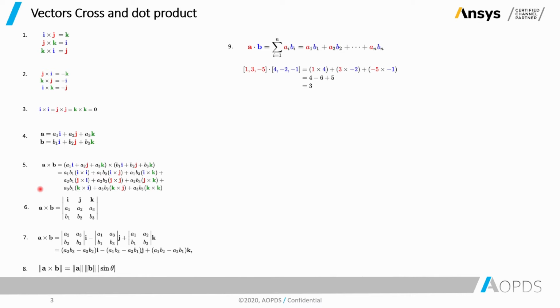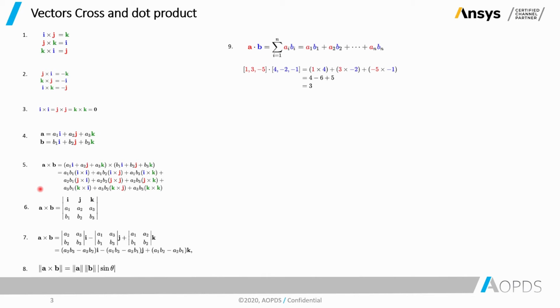Then the A dot B product will be the first component of vector A multiplied by the first component of vector B, which is 1 multiplied by 4, plus 3 multiplied by minus 2, plus minus 5 multiplied by minus 1. And the product of A dot B is just a number, a scalar. It doesn't have any direction.